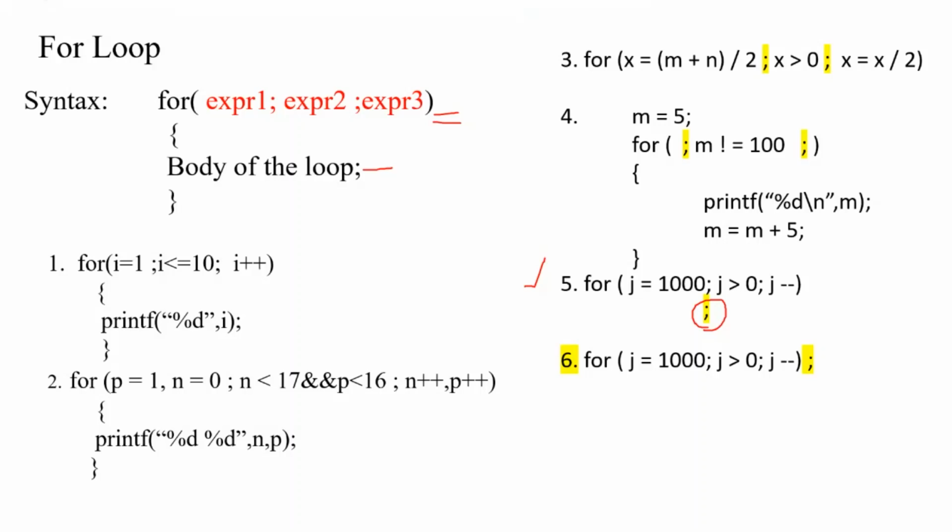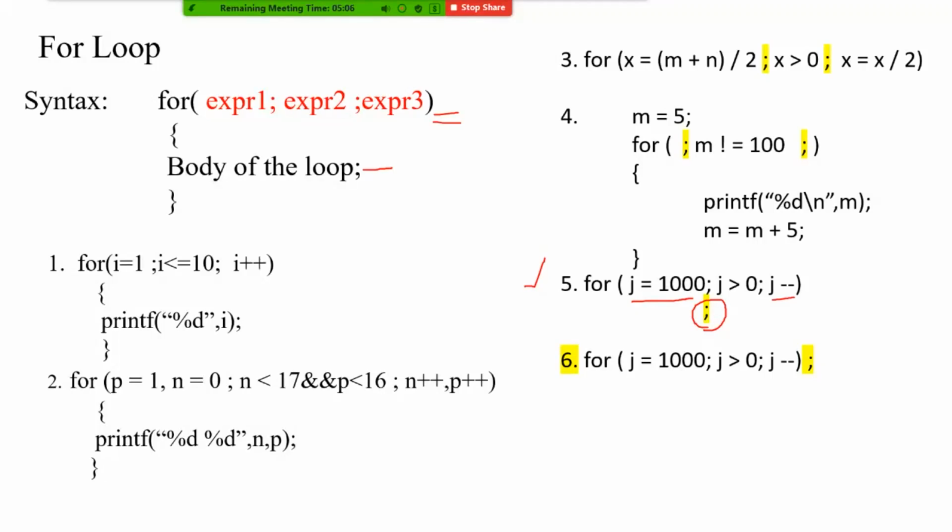When we were doing C programs, to delay the execution we used one for loop: from j value 1000 to j value greater than 0, that means up to 1. In each step, j value will be decremented: 1000, then 999, 998, 997 up to 1.